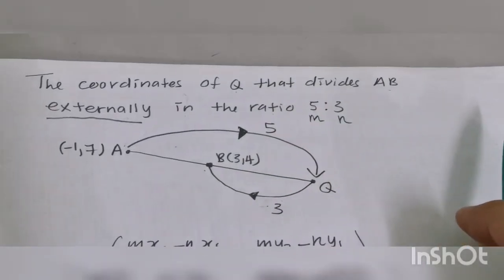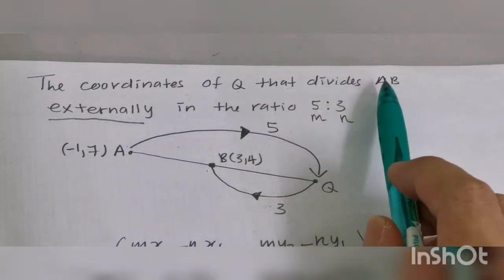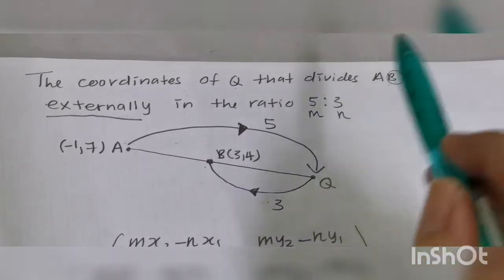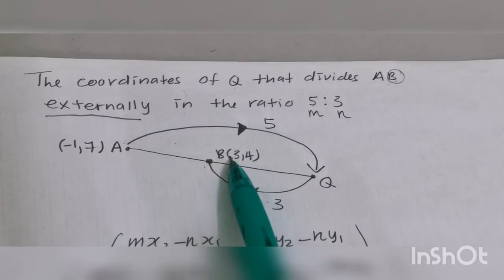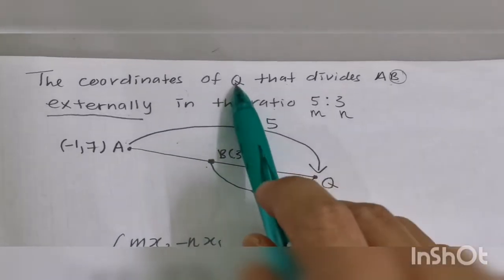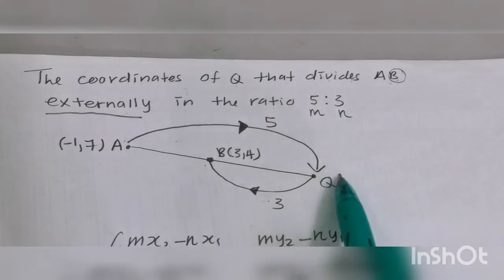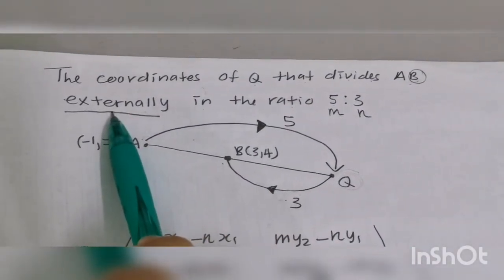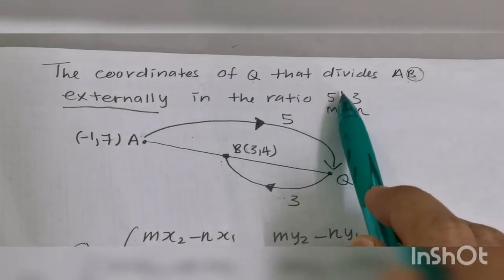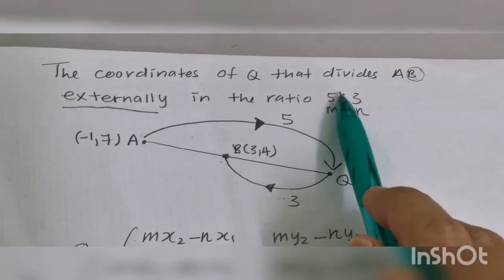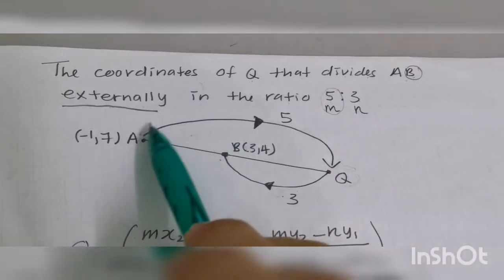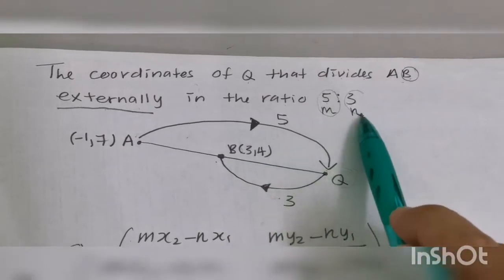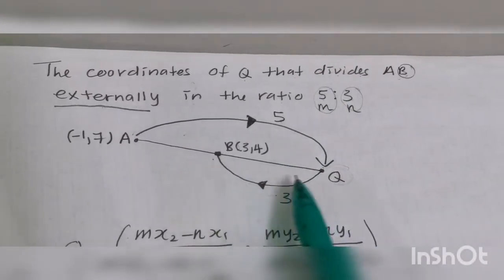If they talk about external, A and B will be in the middle, and the point that divides we put outside. This one is external, and the ratio will be like this, 5:3. So 5 will be the whole length here, and 3 will be only this part.